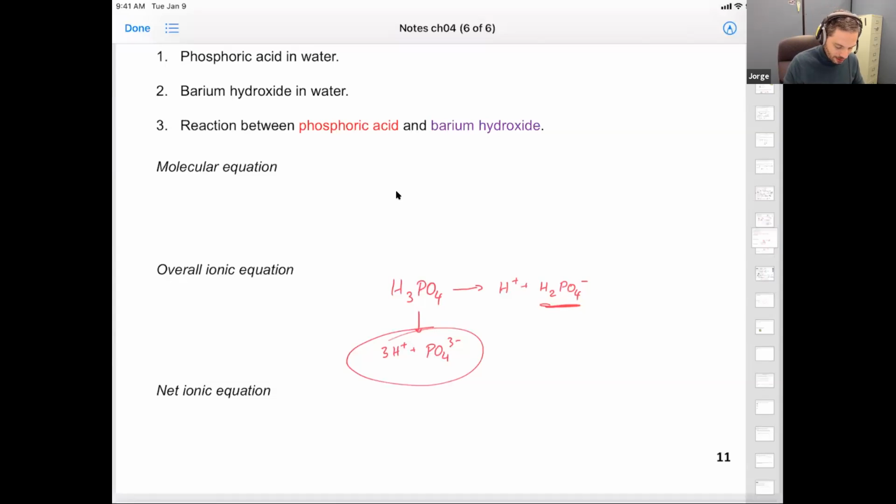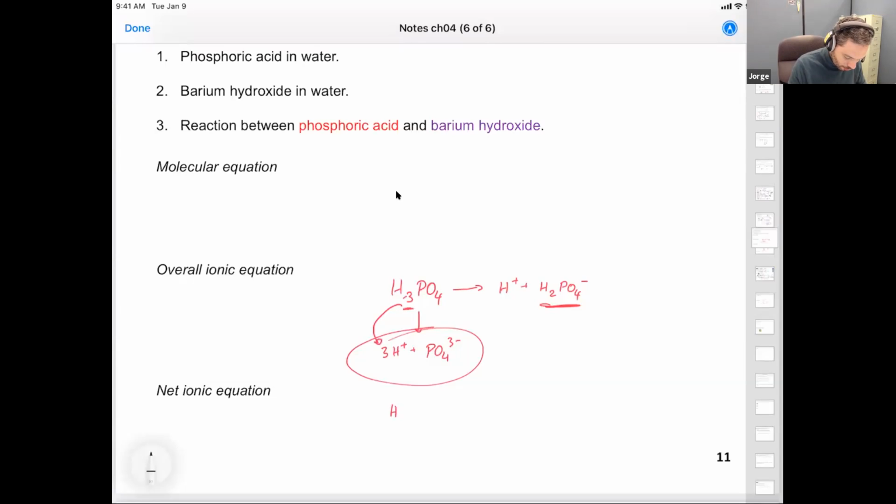To make things simpler here, we're going to consider that all the hydrogens are lost and the three hydrogens in the structure in the water are going to produce 3H plus ions, okay? And remember, the number here indicates the amount of hydrogens in the structure. So therefore, the index becomes the stoichiometric coefficient in the product side.